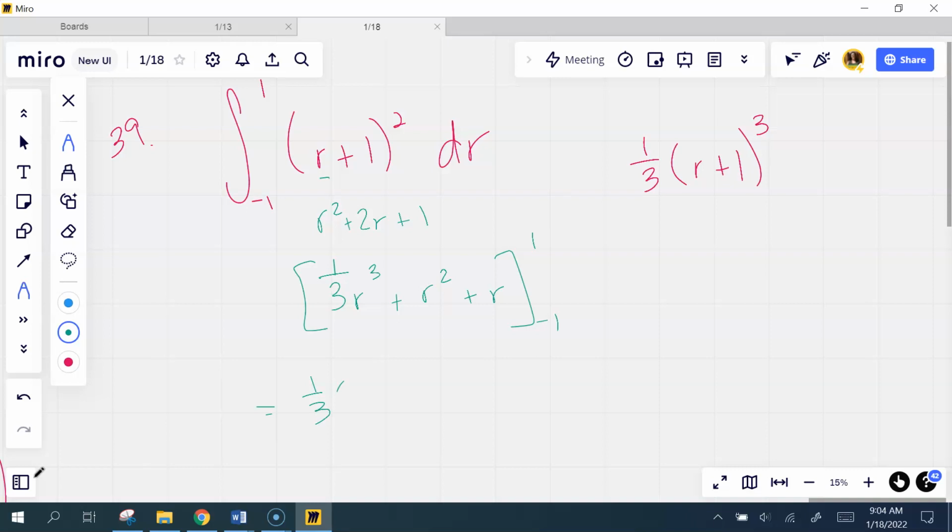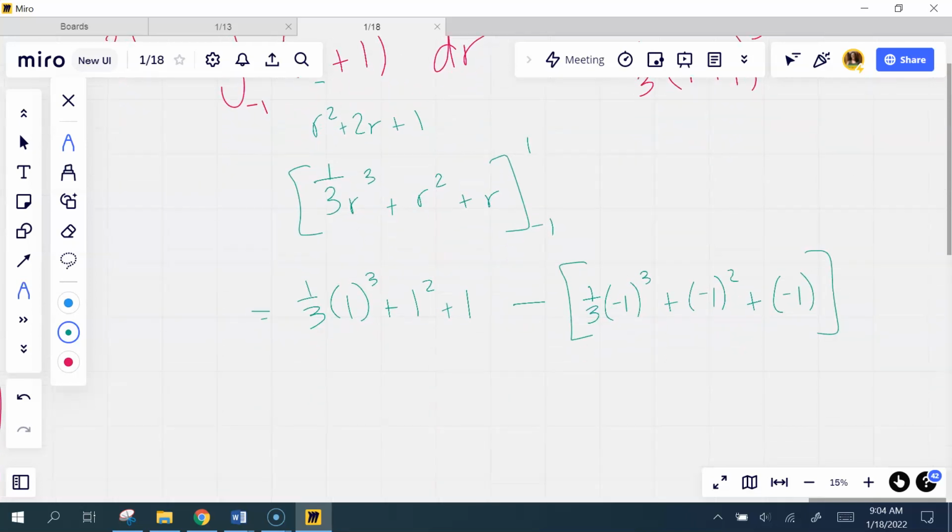So 1/3 times 1 cubed plus 1 squared plus 1, minus 1/3 times (-1) cubed plus (-1) squared plus (-1). 1/3 plus 1 plus 1 minus... because that's negative.